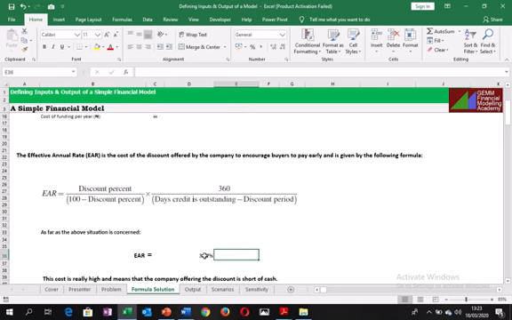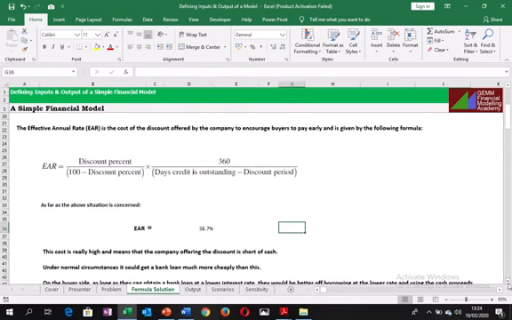So comparing this 36.7% effective annual rate from the discount that the company is giving out to customers, vis-a-vis other sources where it can get it cheaper than 36.7%. If the company can get such amounts at 25%, 20%, 23%, then the company had better not give discounts. Rather, go for funding elsewhere where it can find it cheaper.